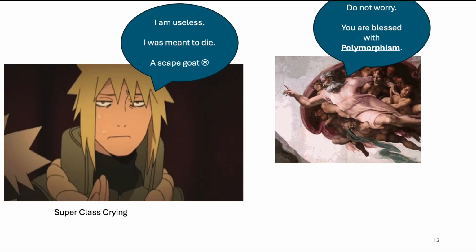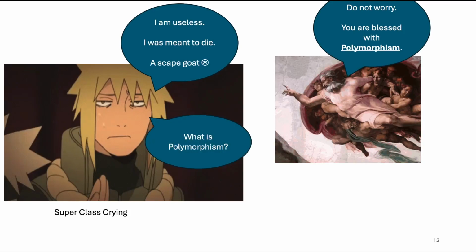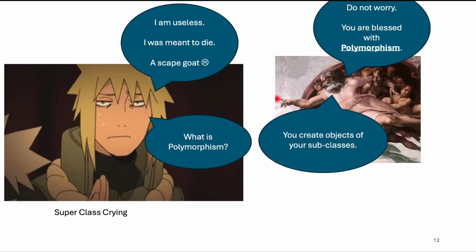Superclass is bestowed with a powerful concept called polymorphism. So what is polymorphism? The superclass can create the objects for any subclass. This is the important property of a superclass. Superclass can behave like an object for any of its subclasses.